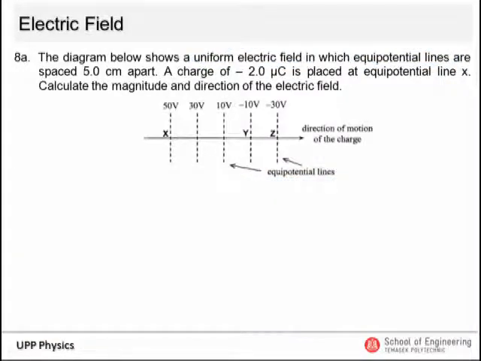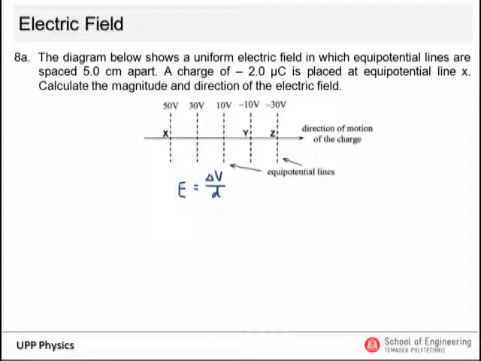Now, what is the formula needed to solve for the magnitude of the electric field strength? The formula is given by this: E, which is the electric field strength, equals the potential difference, written as change in V, over the separation where this potential difference occurs. Now let's refer to the diagram given.